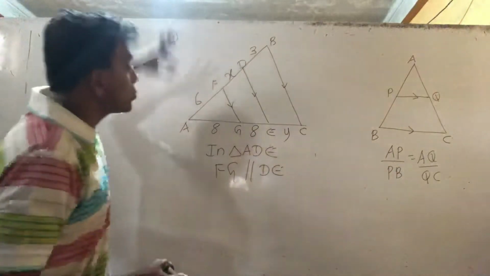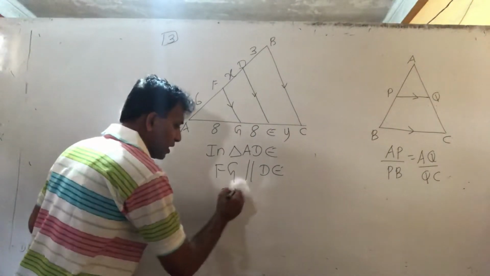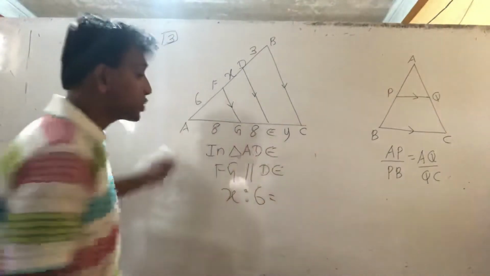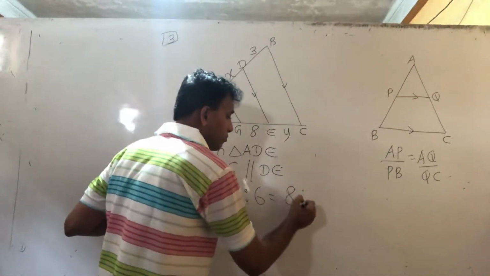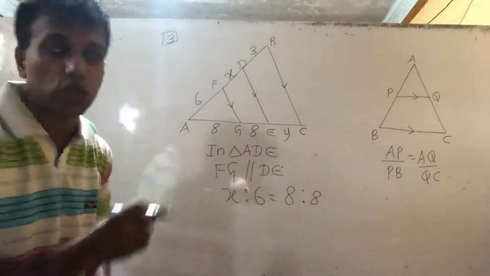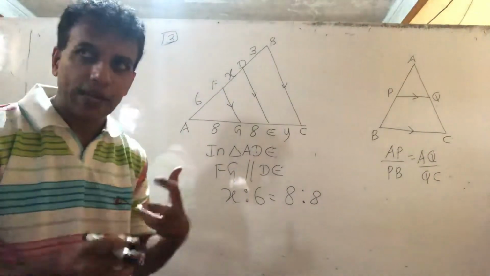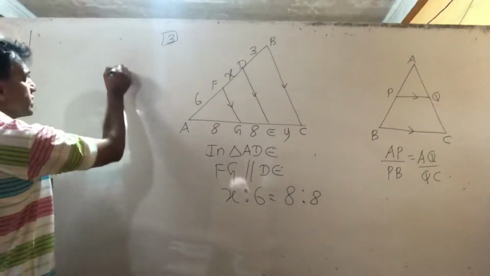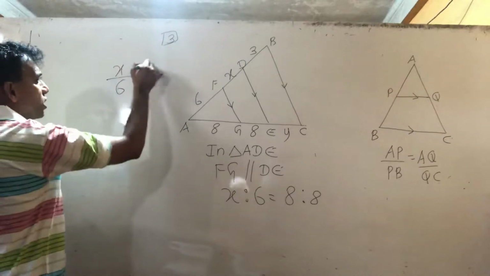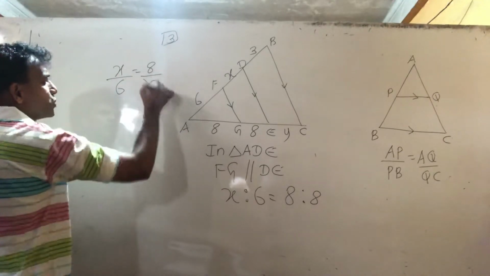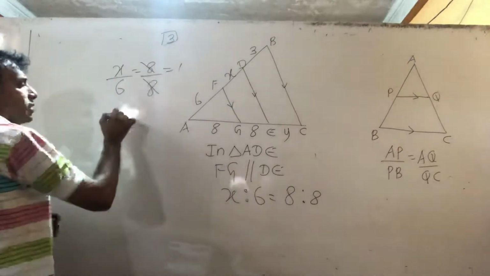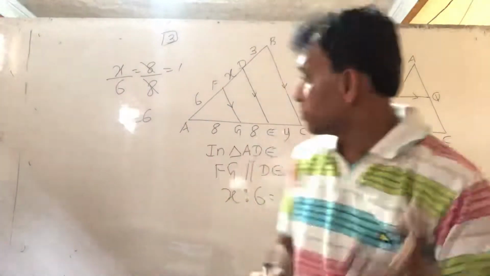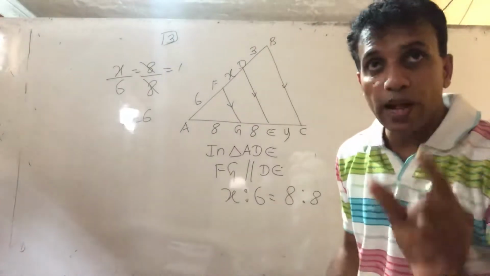So x is to 6 equals 8 is to 8. That's the meaning of proportion. Proportion means ratio, but when we're doing calculations, we show it as a fraction. x over 6 equals 8 over 8, that is 1. So cross multiply, x is 6. x equals 6 centimeters. That means the FD value is 6.